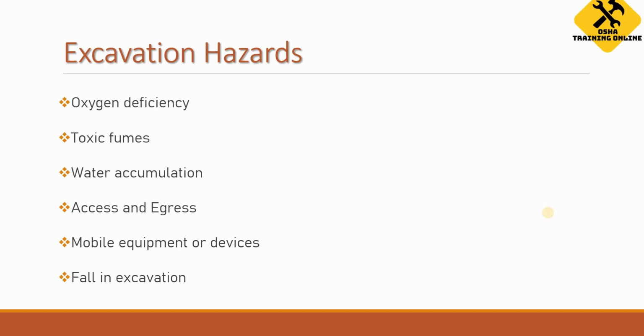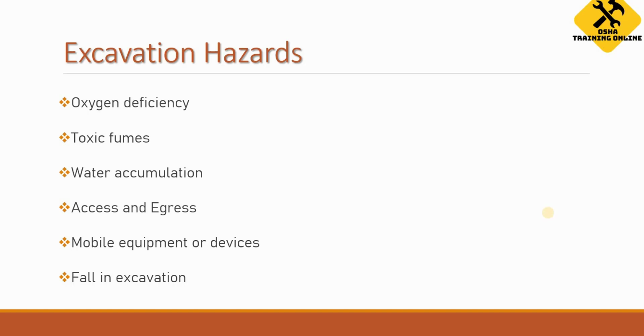How may a worker get down into it and work in it? Egress may also be a difficult task. If the worker is working in the excavation, how will he come out of it, because there are no steps or ladders created in order to egress from the excavation area? Although we will have a solution for it which is called benching. We will discuss it in the upcoming slides.